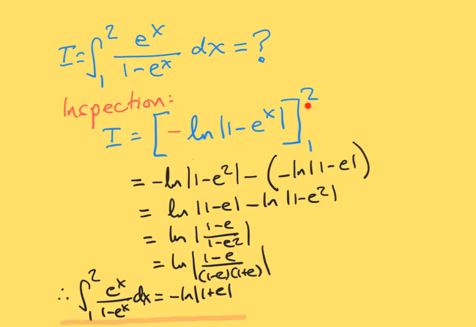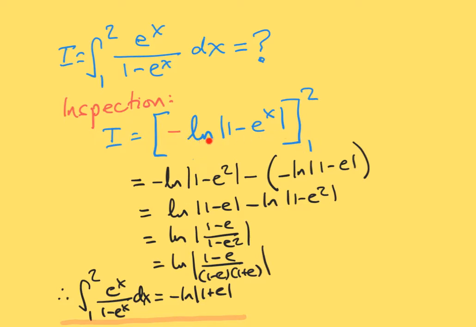So now we put the limits in. At the upper limit, we have x is 2, so we have minus the log of 1 minus e squared. And then we subtract and evaluate the whole thing at the lower limit. We've got multiple minus signs, so after this minus sign we open a big bracket, and then we put this down and evaluate it at the lower limit.